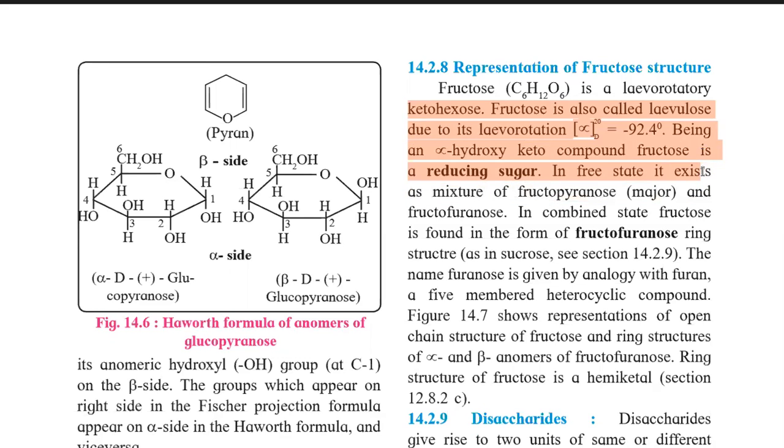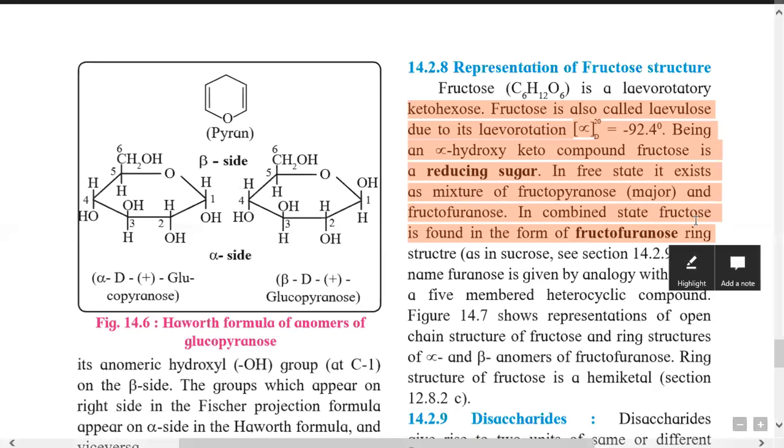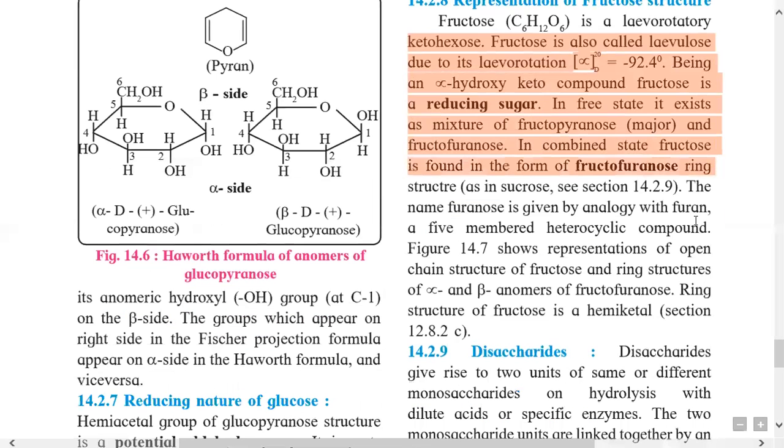In the free state, it exists as a mixture of fructopyranose as a major part and fructofuranose as a minor part. In the combined state, fructose is found in the form of the fructofuranose ring, and we will study how to draw this structure.